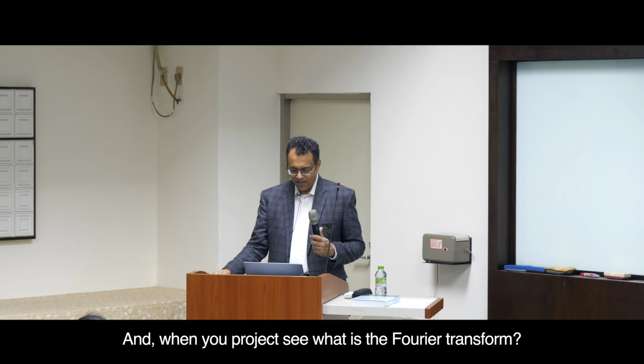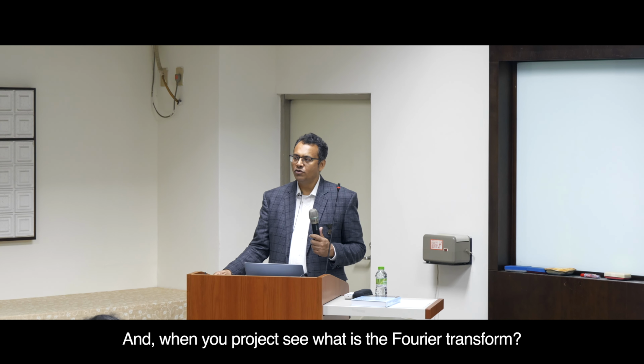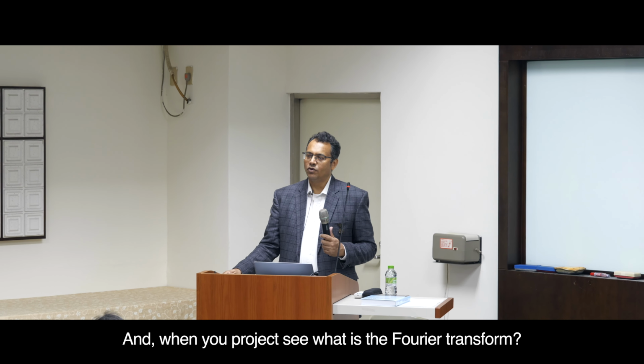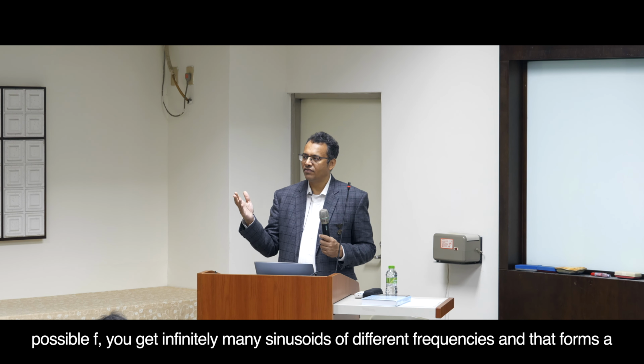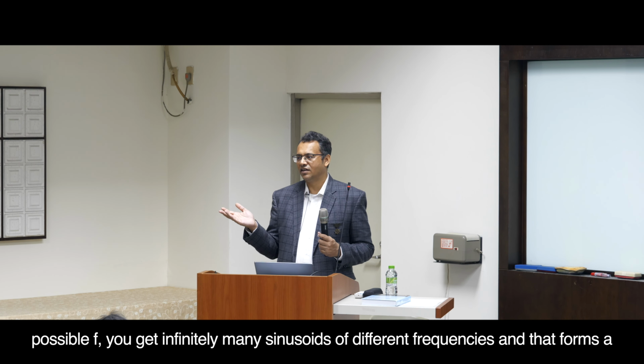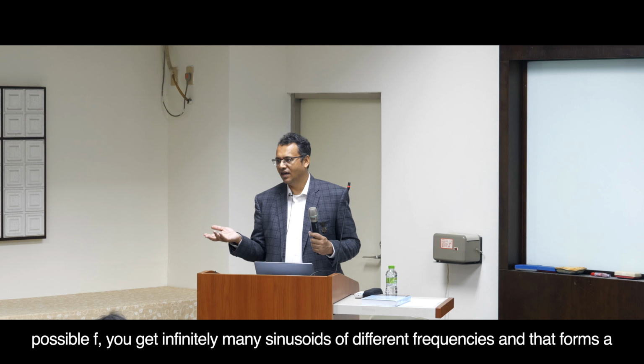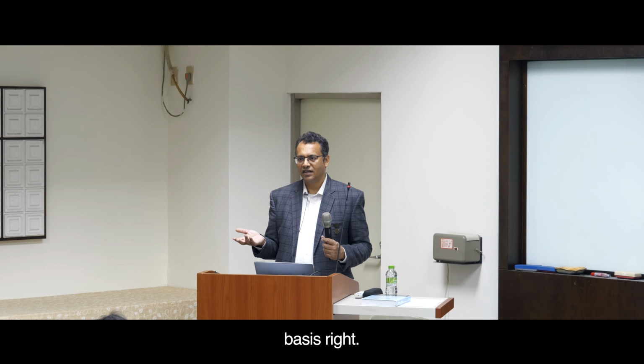Okay, and when you project, see what is the Fourier transform? You have the sinusoids e to the j 2 pi ft, f is the frequency, and when you consider all possible f, you get infinitely many sinusoids of different frequencies, and that forms a basis, right?